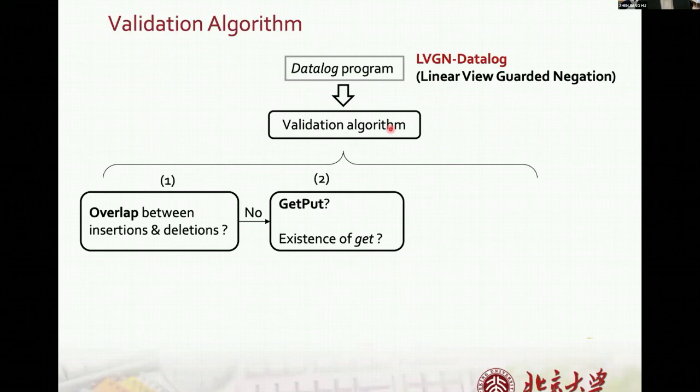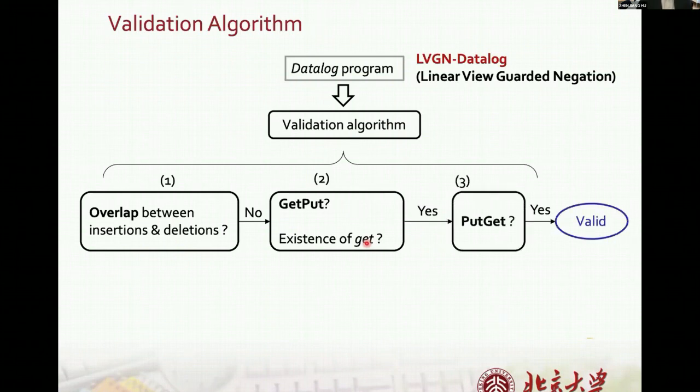If you give me a program in LVGN form, we can encode the get put as Datalog programs too, still in LVGN form. And this LVGN form can be mapped to an SMT solver to solve. Through that, we can guarantee the existence of get, and even derive this get.